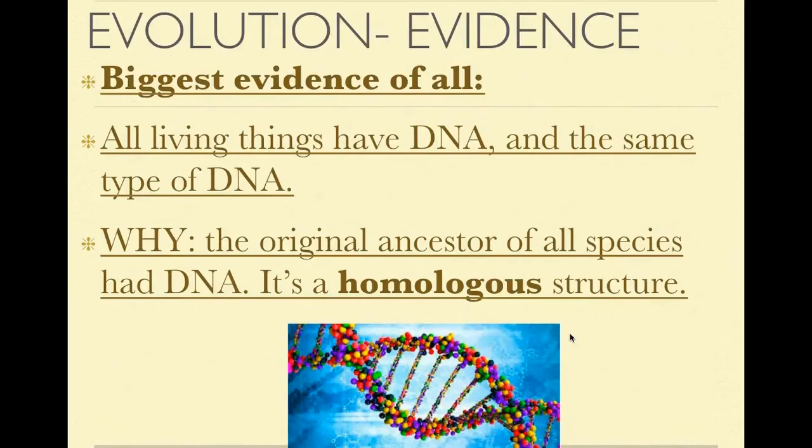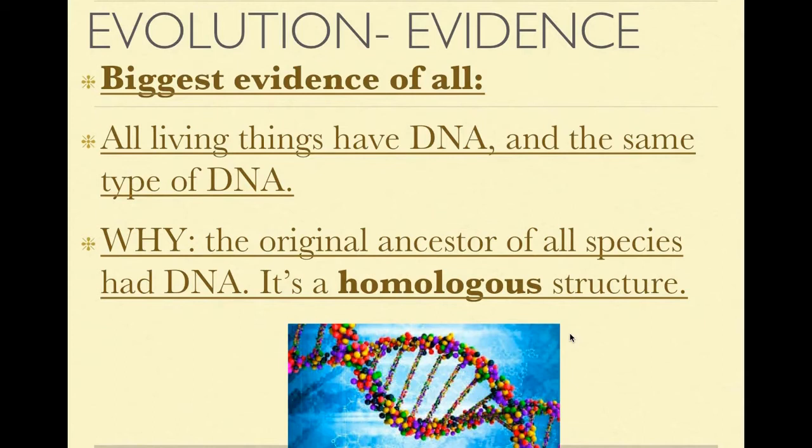So the biggest evidence of all, though, that all creatures are descended from one another is that all species have DNA, and it's got essentially the same structure. Why is that? It's because the original ancestor had DNA as its molecule to pass down genetic information. So DNA is just a homologous structure. It's been modified over time.